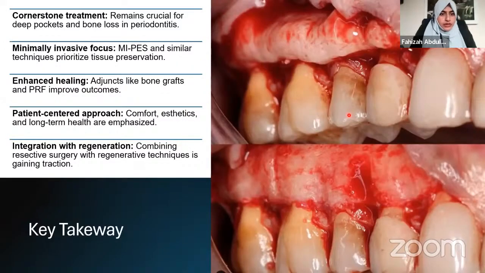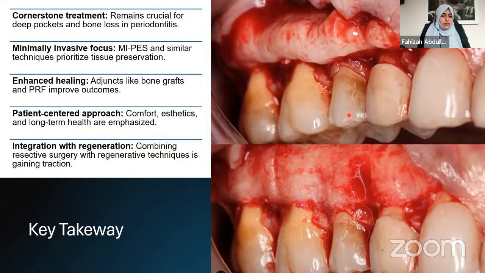So what the final things here are: resective osseous surgery still needs to be done to get a final favorable outcome of a bony contour. And then the more recent techniques involve minimally invasive elimination of these bony defects.